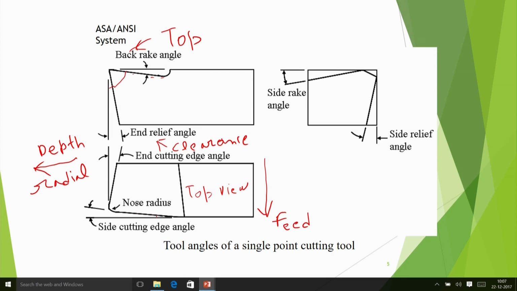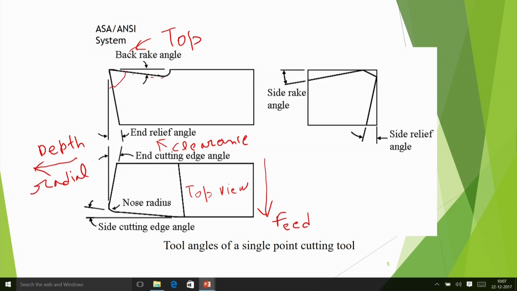This is the primary cutting edge and this is the secondary cutting edge, plus the seventh element is the nose radius, that is also shown here. It is visible in the top view, this is a type of nose radius, and it also has an effect on the machining performance. This is how it is shown.